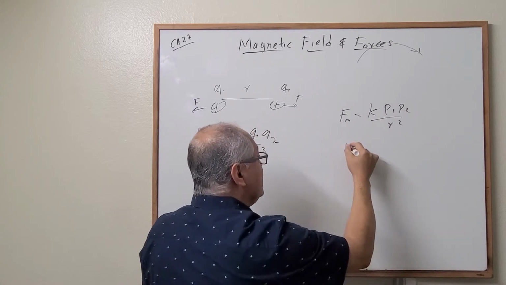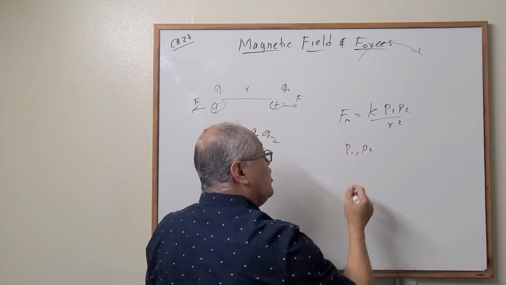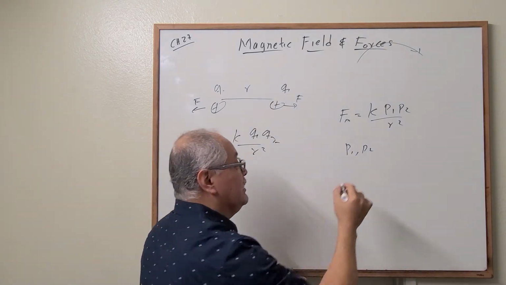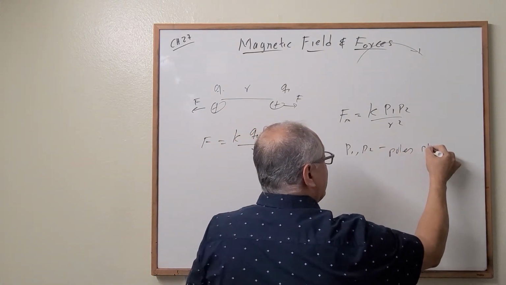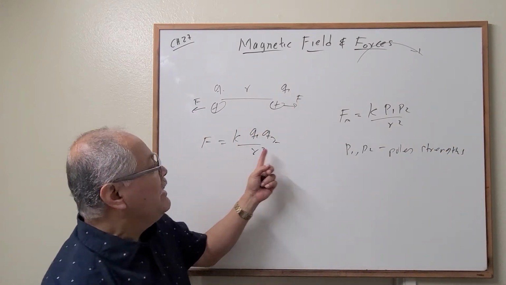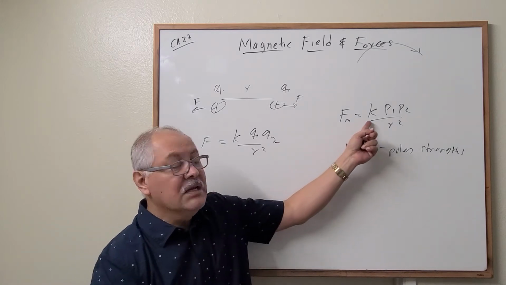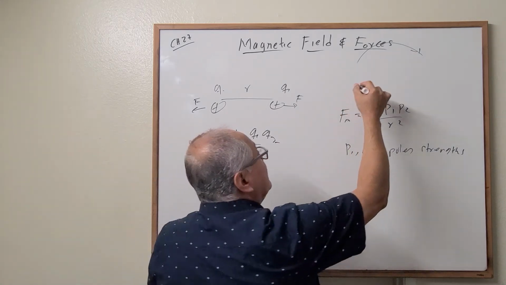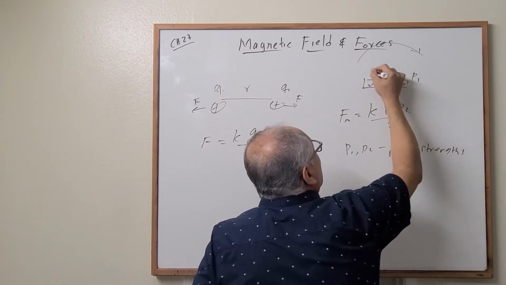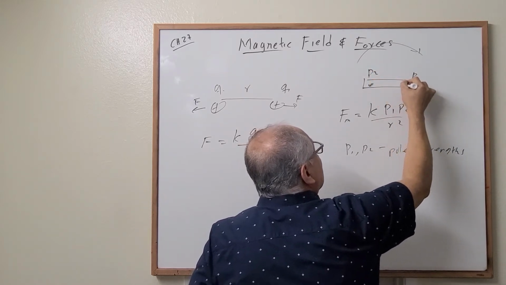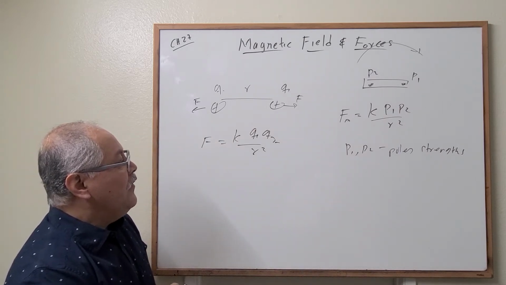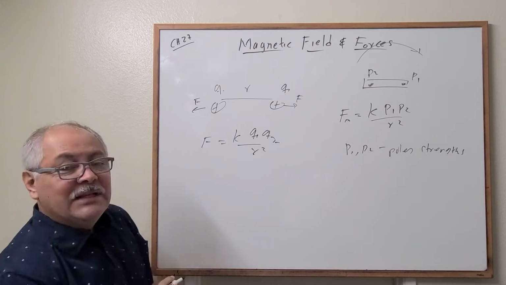In this case, P1 and P2 are the poles' strengths. Correct? And they have the same form. In this case, we're using the strength of the pole, so right here we have strength 1 and strength 2 at the poles. Perfect.